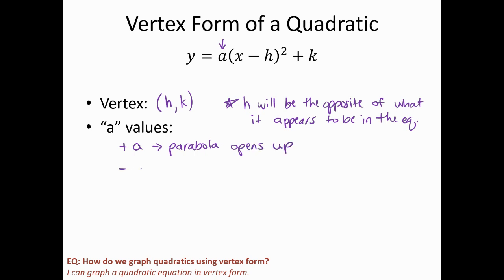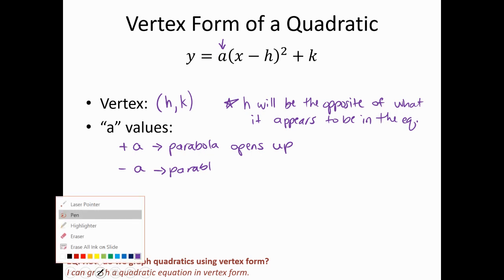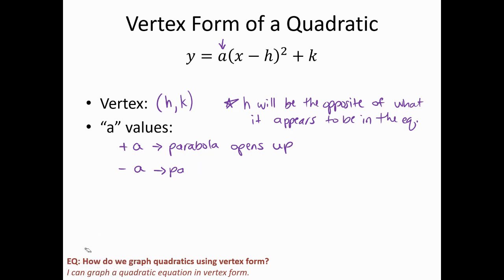And if a is negative, then the parabola opens down. So positive a is up and negative a is down.